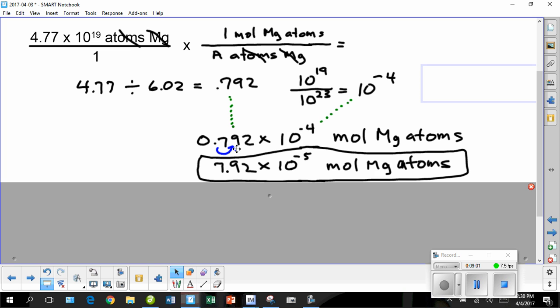Now wait a minute, when we move to the right, don't we have to make it a smaller number? Yeah. Oh, 10 to the minus 5 is smaller than 10 to the minus 4. So don't be fooled by this one.